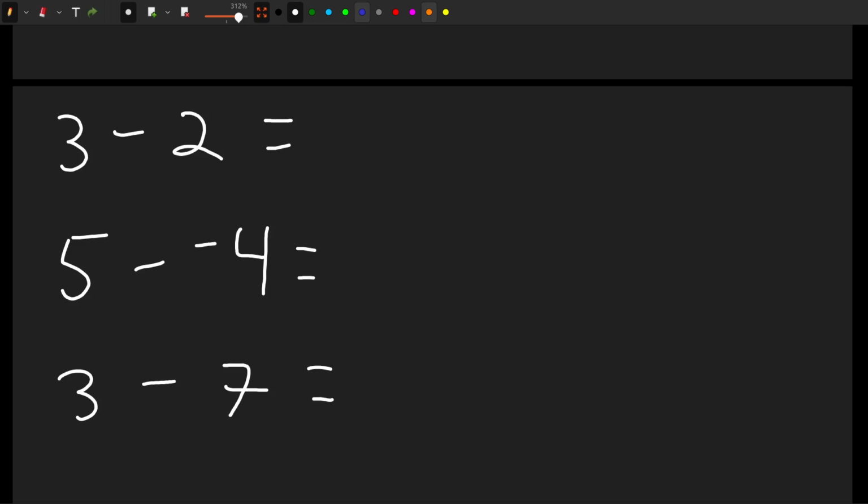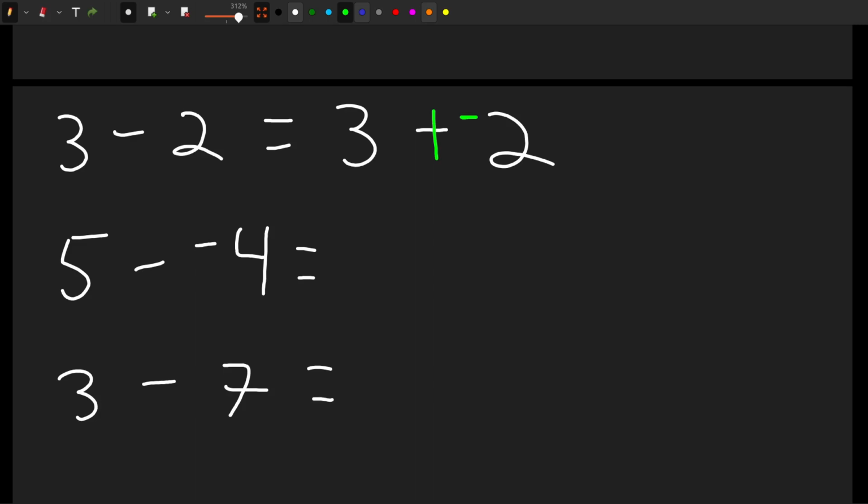So again, this is going to be subtraction. We're going to use a trick where we change the operation from subtraction to addition and then change the sign of the second number. I'll show it to you here. So 3 minus 2 can be rewritten as 3 plus negative 2.